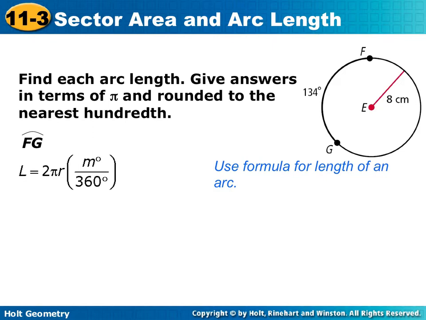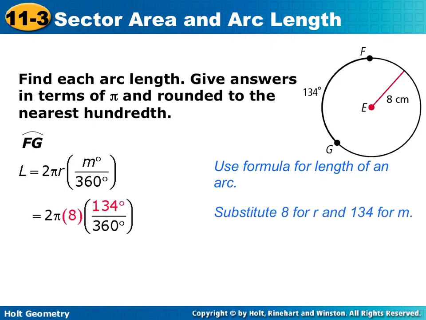Michael, what are you coming up with? That's okay. 18.7. You have to still multiply by pi, or are you done? I'm done. 18.71 to the nearest hundredth. Any problem getting that calculated?